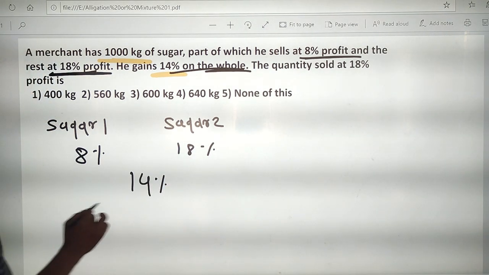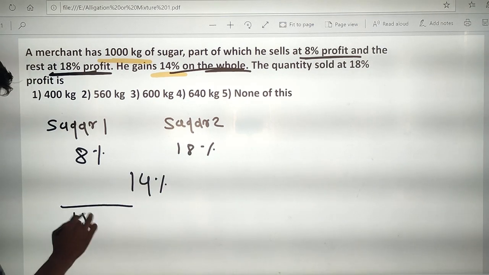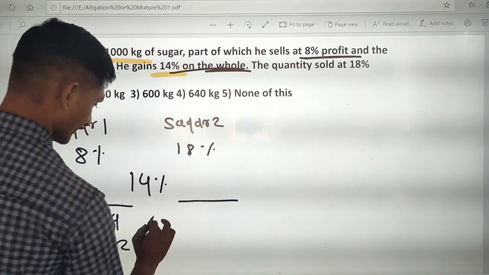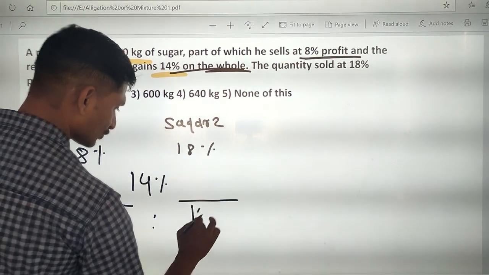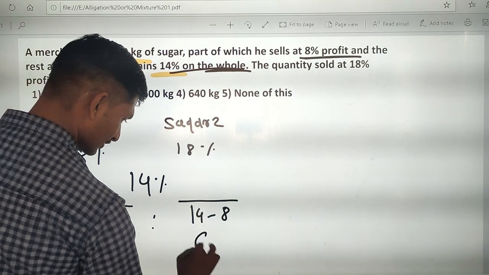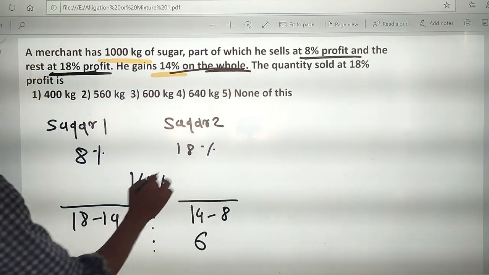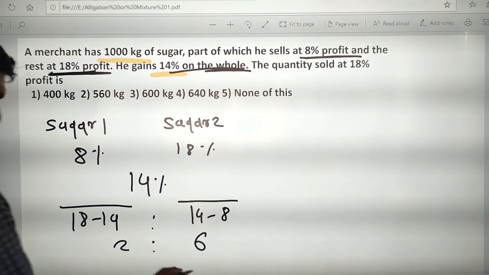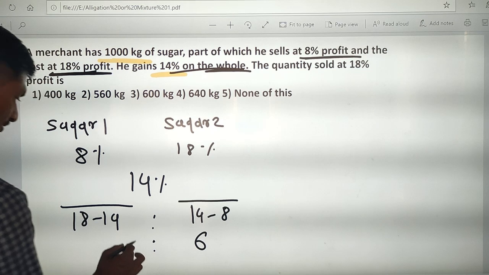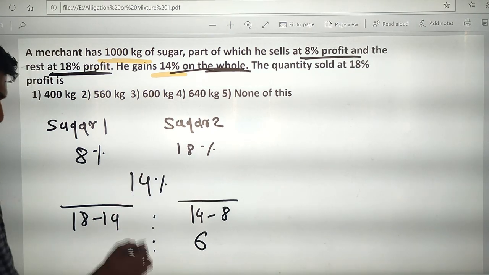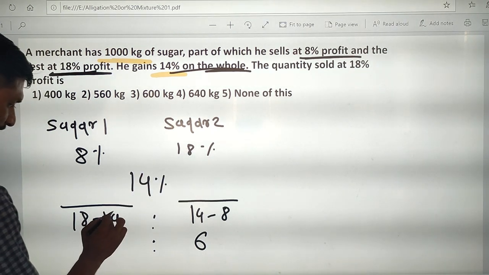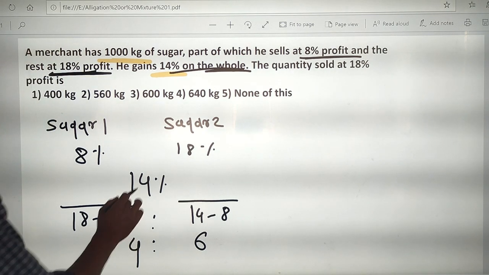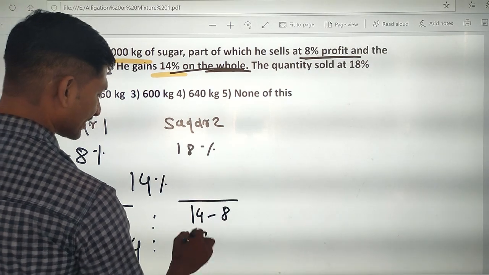Now we write the subtraction of these two. 18 minus 14 is 4, and 14 minus 8 is 6.